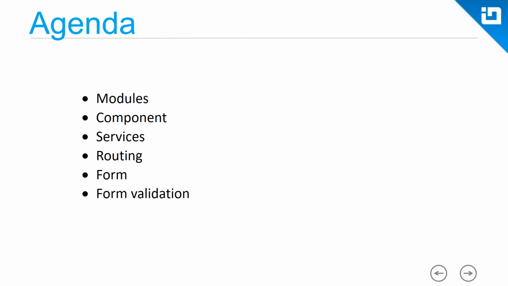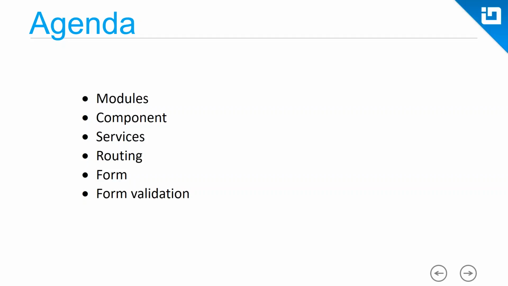All right, so once this is done, now the agenda of today's webinar. Today it's an Angular 2 getting started webinar. I'll be touching all the basic building blocks of Angular 2, like modules, components, services, routing, form validation, and we'll see how much we can reach there, because we have 60 to 70 minutes at max.